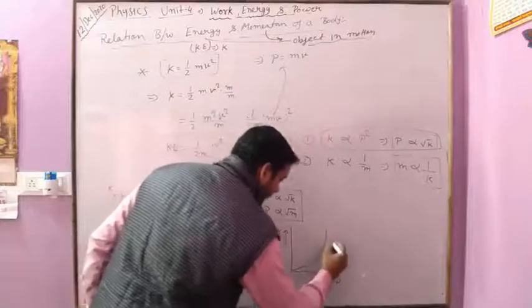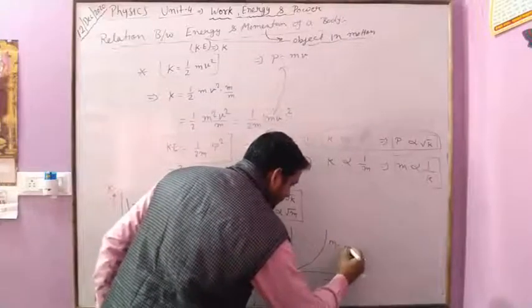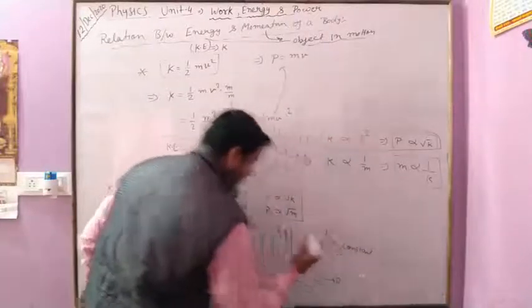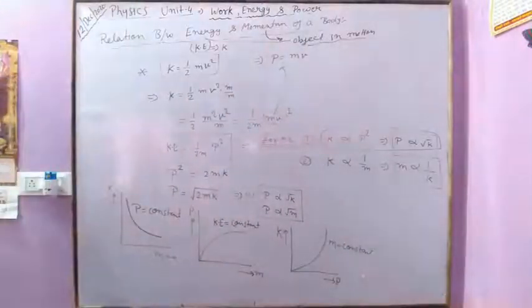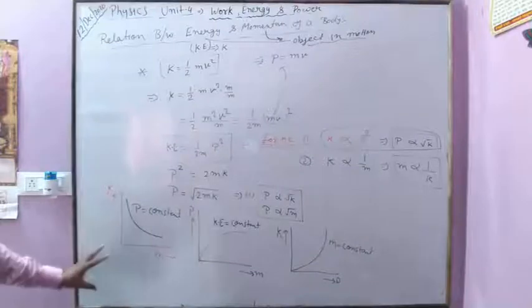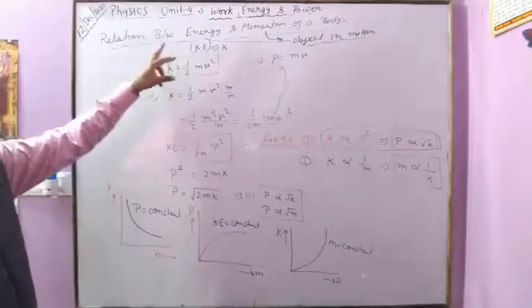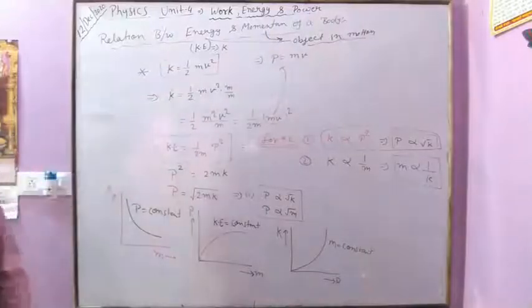By this we say mass is constant. These are the graphs which we get from the relation between kinetic energy and momentum.